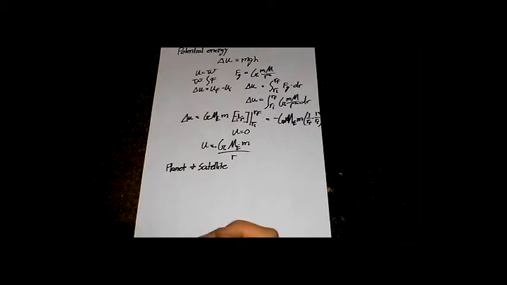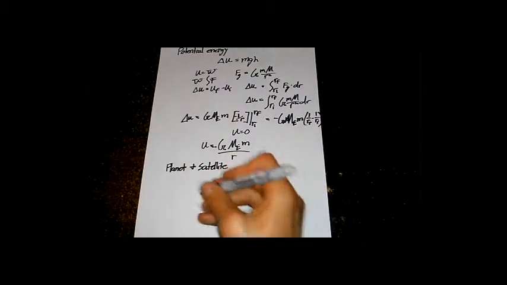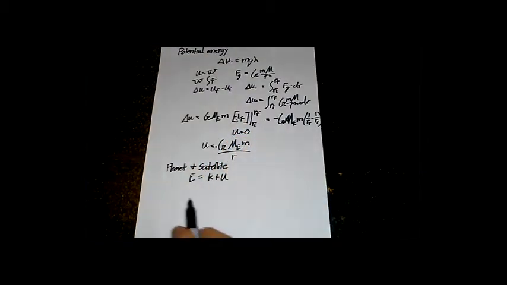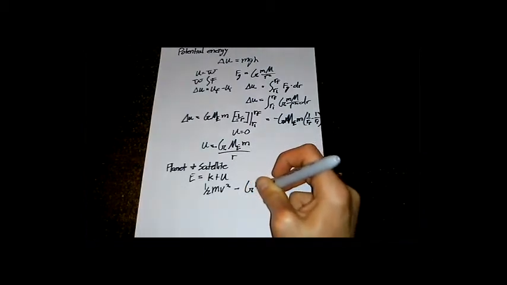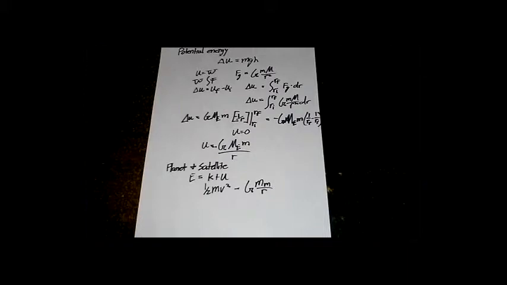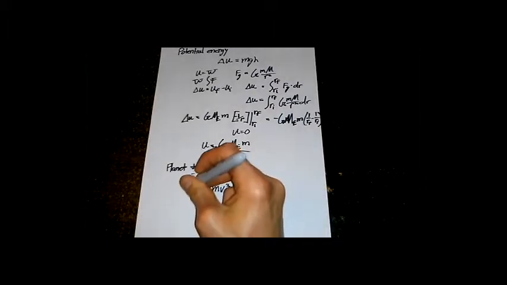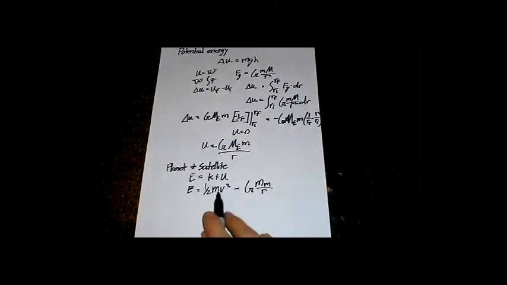So that means that the total energy of the entire system boils down to E is equal to K plus U of just the satellite. So that can be expanded as 1/2 mv squared minus G M little m over r. What's important about this is that there is a clear relationship between the velocity of the satellite and the radius it orbits around the large body.